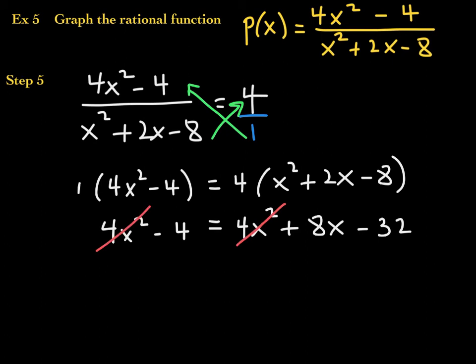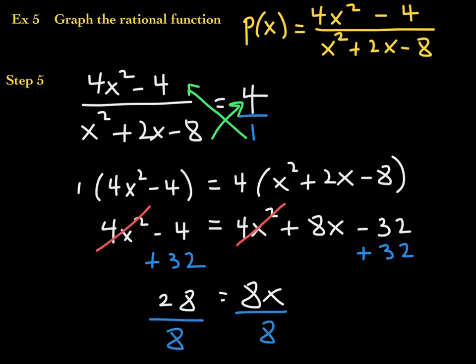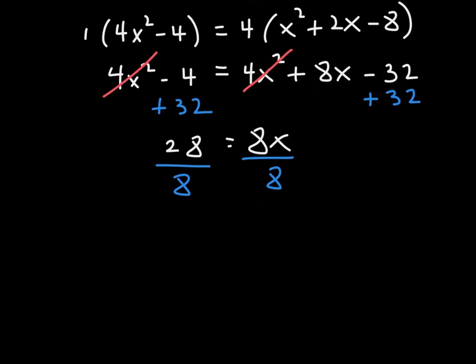So I am going to isolate the variable by adding 32 to both sides. This will isolate my variable expression, so I'm going to end up getting 28 is equal to 8x. I will now divide both sides by 8 to get x is equal to 28 over 8.